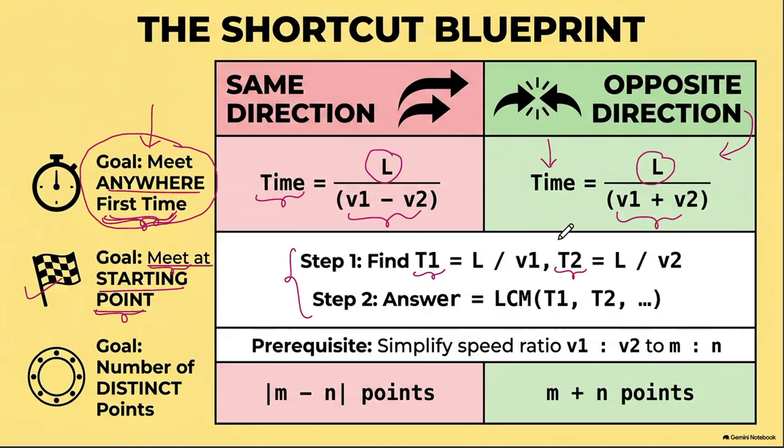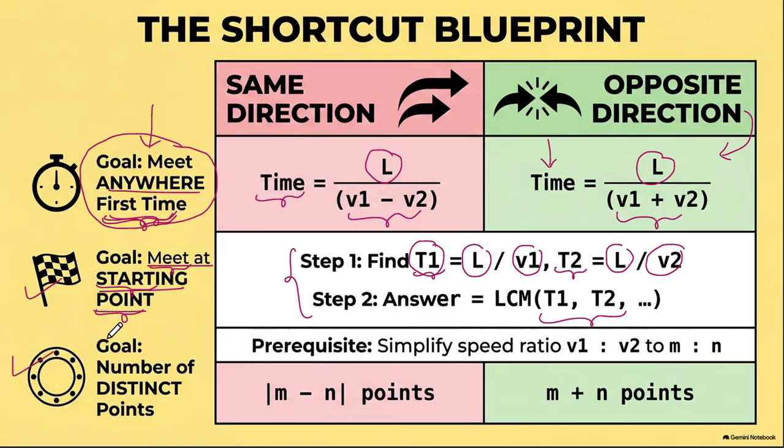Three. Then you have to find the time for all three runners. To find the time, you just divide the length of the track by the speed of the runner. For the second runner, the length of the track upon the speed of the second runner. So you find the time for each first, and then take the LCM. That gives you the time at which they will meet at the starting point.